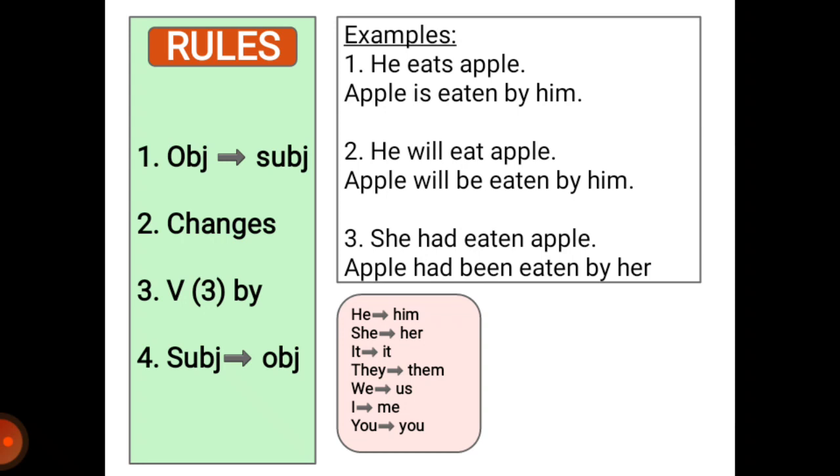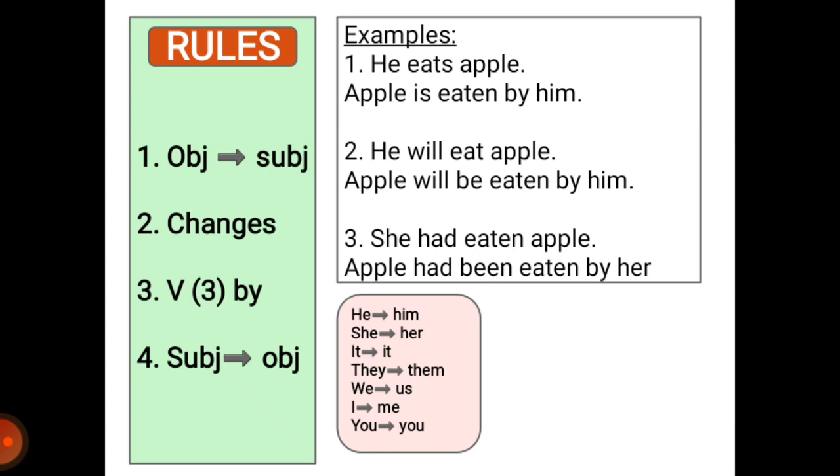You can see the rules on the left side in the green box. We will try to convert active voice into passive voice by seeing these rules. Example number 1 is written: he eats apple. So rule number 1 on the left side is object will be converted into subject.